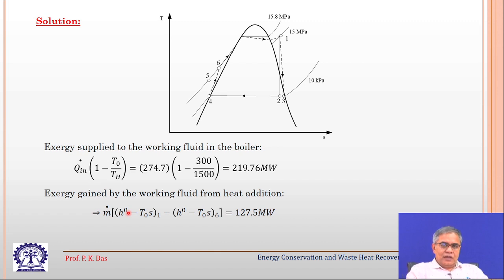Methalpy is the summation of enthalpy, potential energy per unit mass and kinetic energy per unit mass. Of course, in this particular example, we do not have any change in kinetic energy and potential energy; those are neglected.